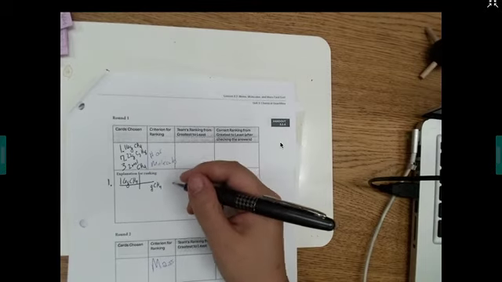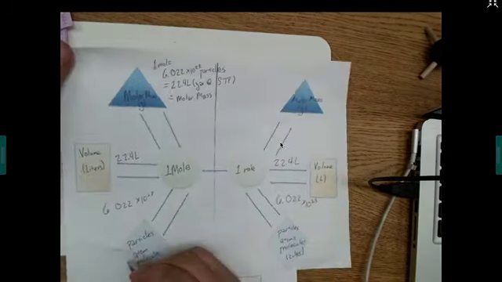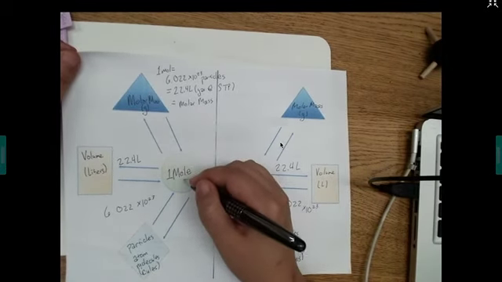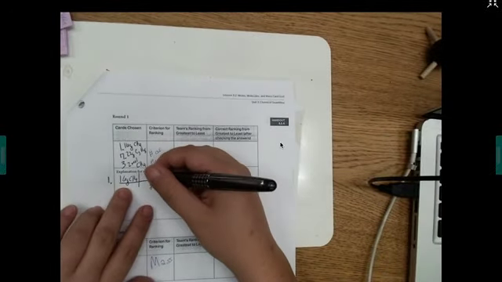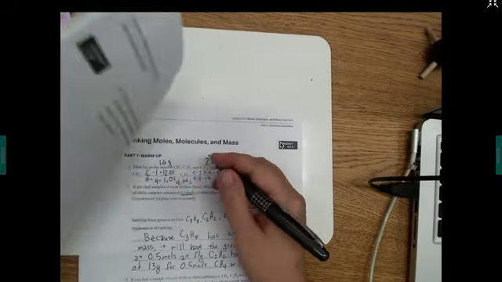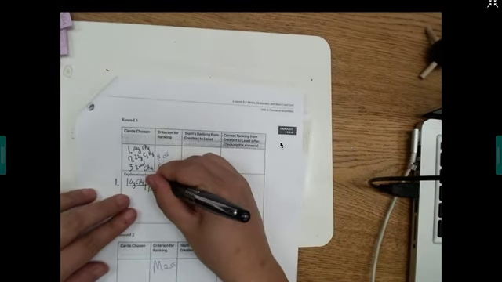I can't go grams to molecules automatically. I have to go grams to moles first and then go moles to particles. So 16 grams, I calculated my molar mass before for CH4. CH4 was 16 grams, which is equal to 1 mole.